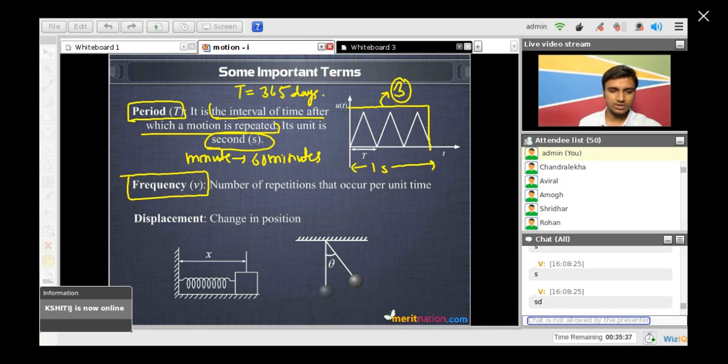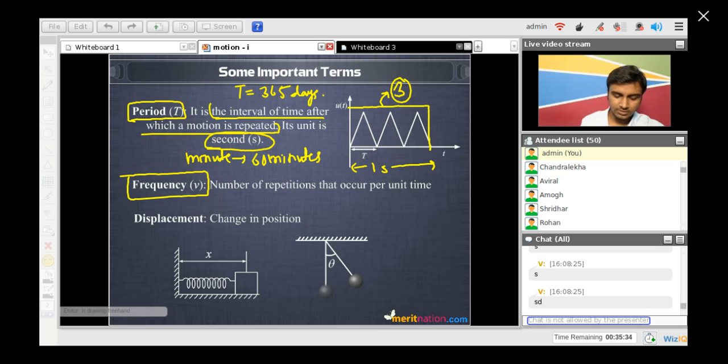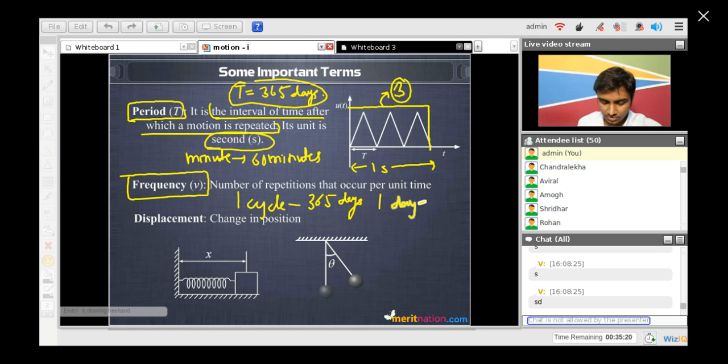Or let's say it covers 1 cycle in 365 days. So how much of a cycle did it cover in 1 day? In 1 day it covered 1 upon 365 cycle.